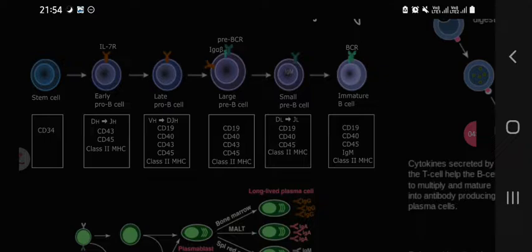Stem cell, early pro-B cells, late pro-B cells, large pre-B cells, small pre-B cells and mature B cell. CD34 cluster of differentiation markers: CD19, CD40, CD43, CD45, class 2 MHC, major histocompatibility complex cells.